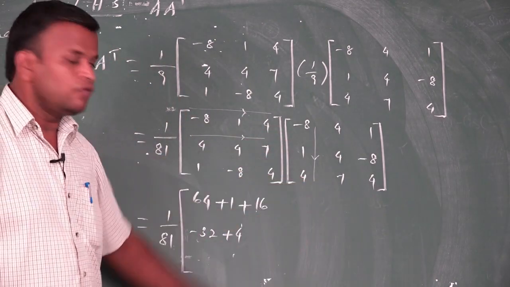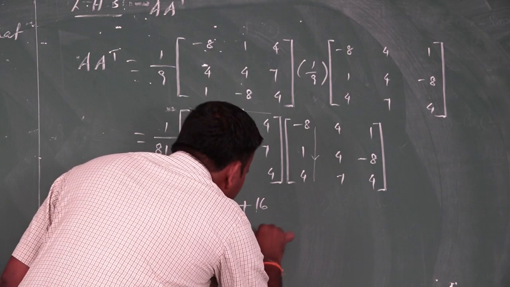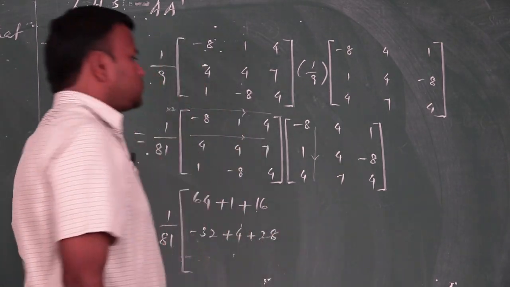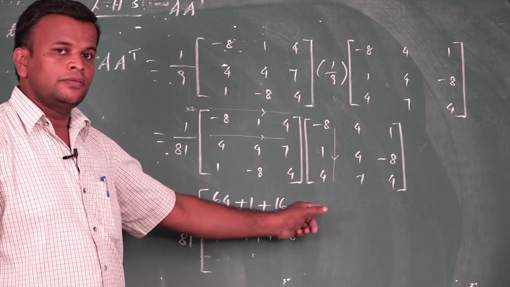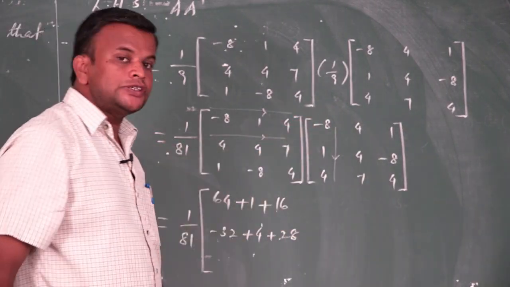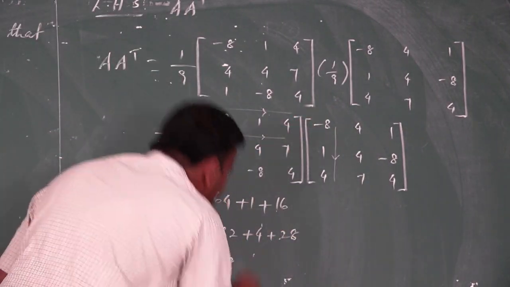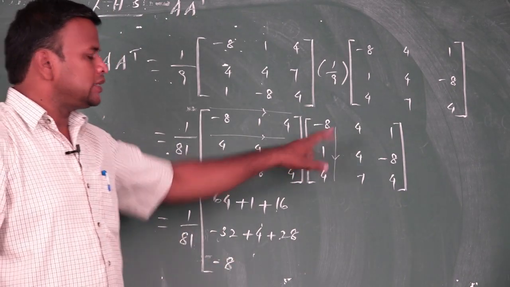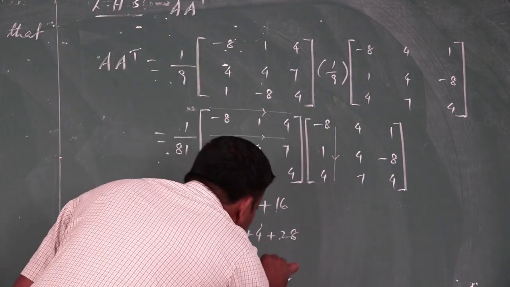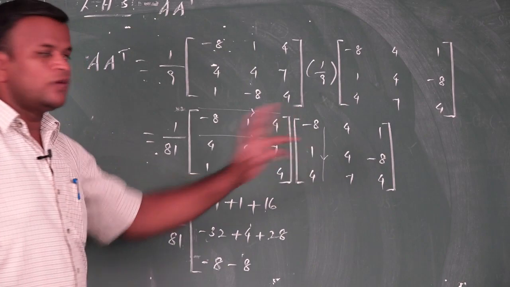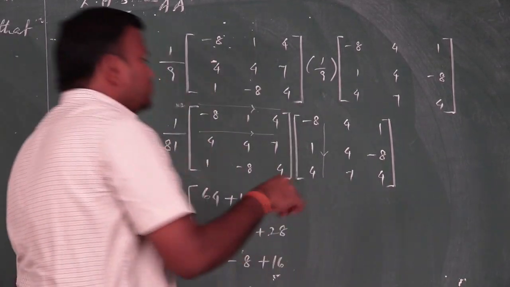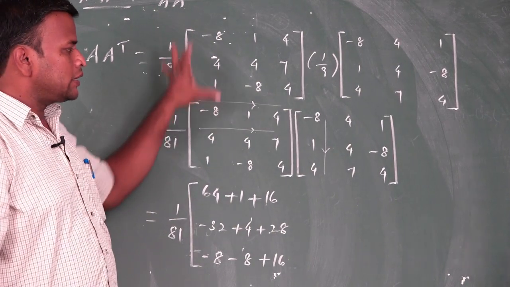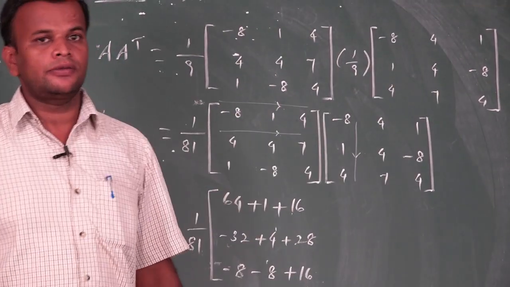Moving, 7 fours are 28, plus 28. Next, third row, first column: 1 into minus 8 is minus 8. Minus 8 into 1 is minus 8. 4 fours are plus 16. First column over. We do the same work in the second column and third column also.